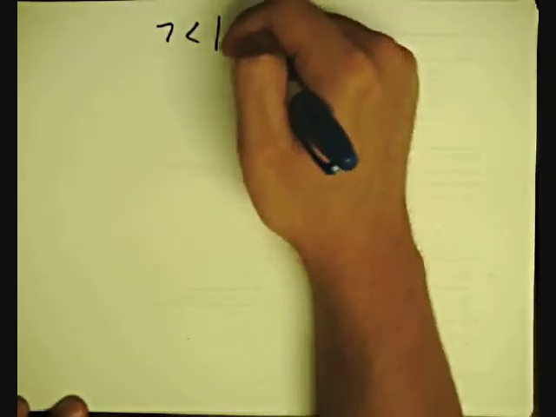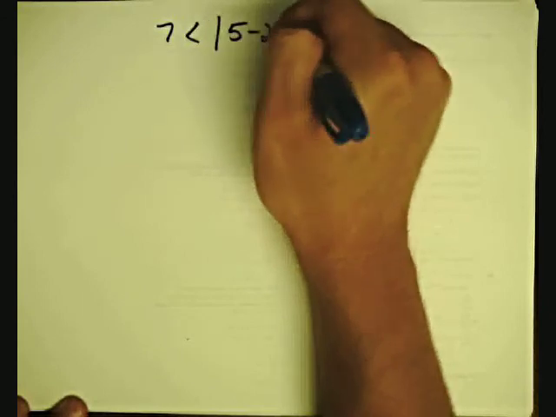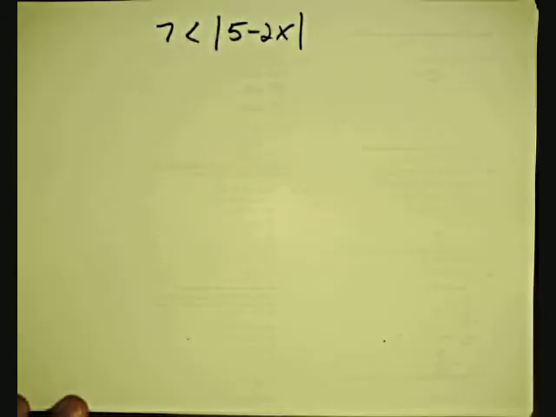Example 5c, 7 is less than the absolute value of 5 minus 2x. Okay, so our absolute value rules were set up with our expressions on the left. So if you're not really sure if you're using the less than or greater than rule, you can always flip the direction of your inequality.